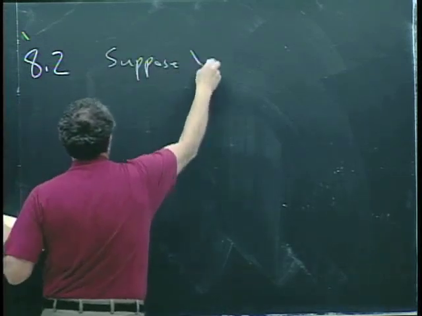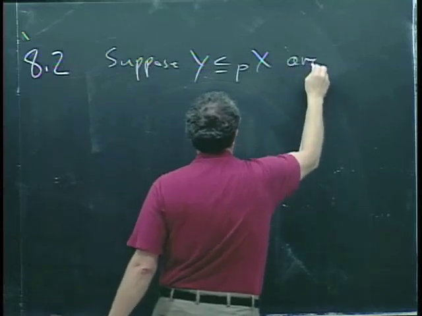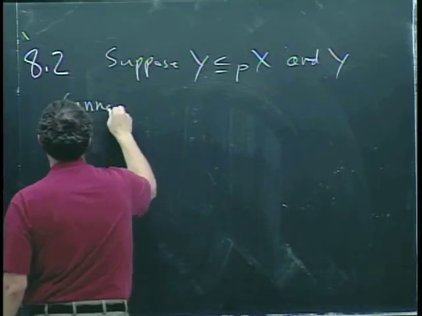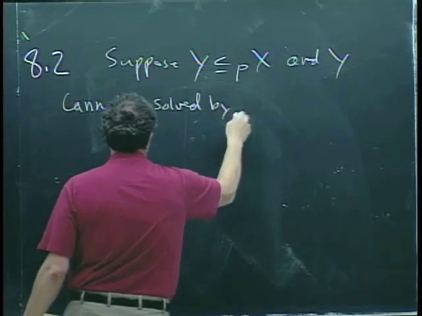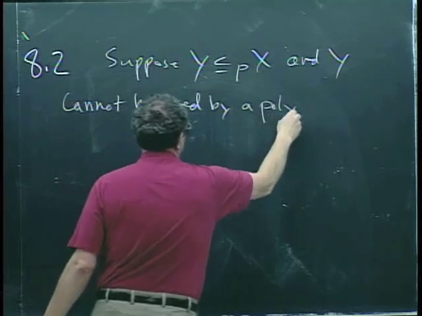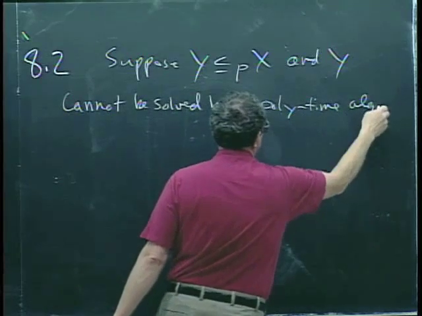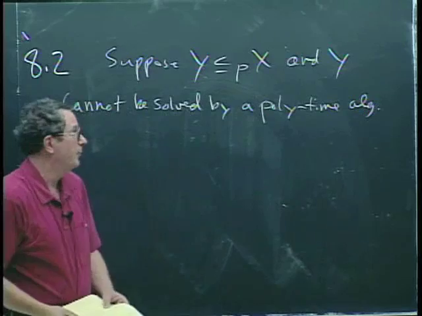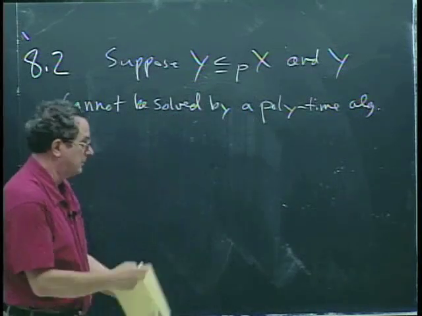Suppose y is reducible in polynomial time to x, and y cannot be solved by a polynomial time algorithm. So it's just a fact of nature, whether we know it or not, y cannot be solved by a polynomial time algorithm.